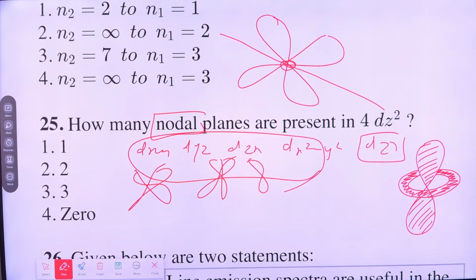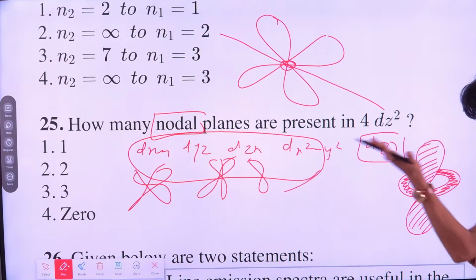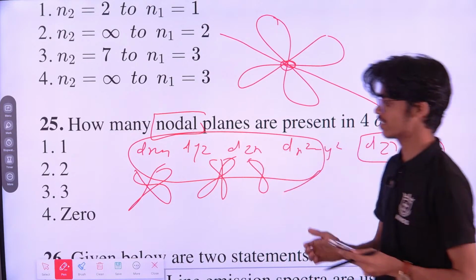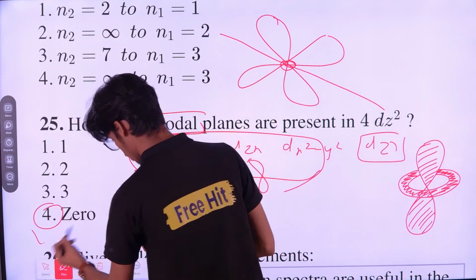This is the shape of dz square. Now you cannot pass a plane through it such that the plane doesn't intersect any of the lobes. So that's why the number of nodal planes in this case is 0, and this is an exception, note it down.